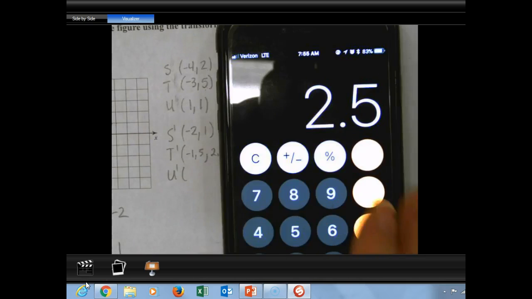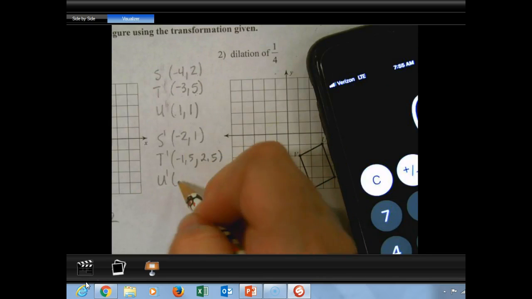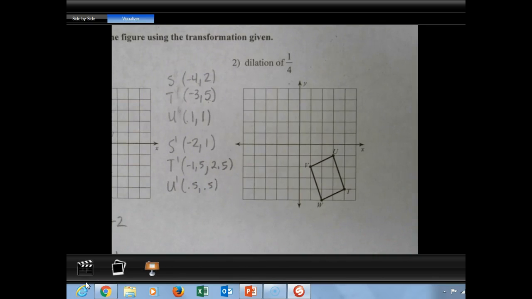The dilations are always a little bit more confusing, but not impossible. So 1 times 0.5 gives me 0.5. So I know both of these are going to be 0.5, 0.5. Don't get freaked out by the 0.5. It just means half, right? So halfway up your box.